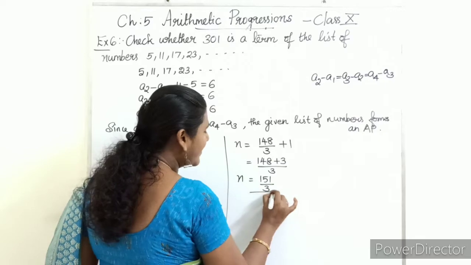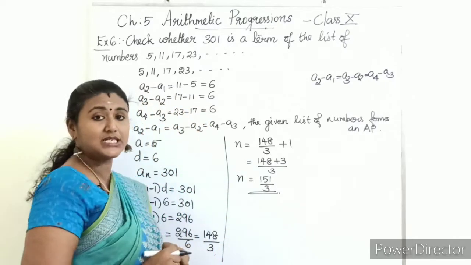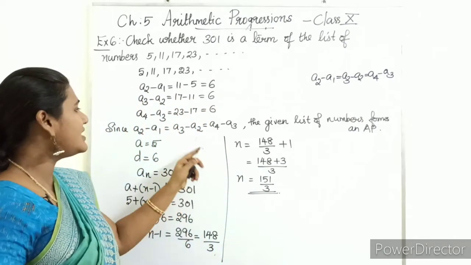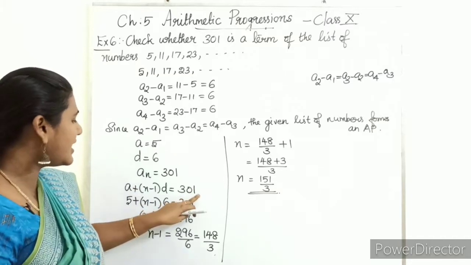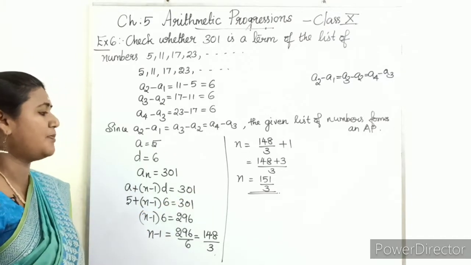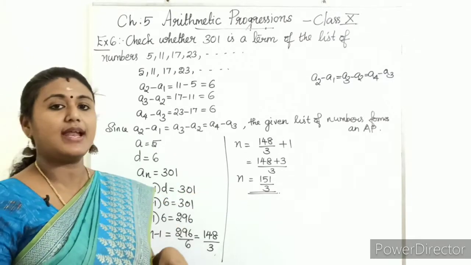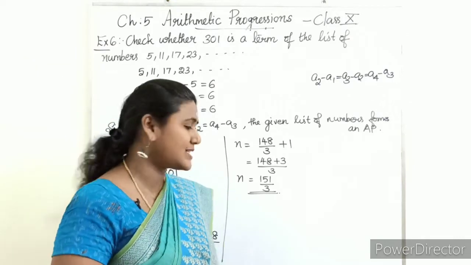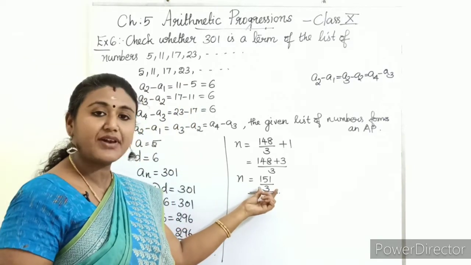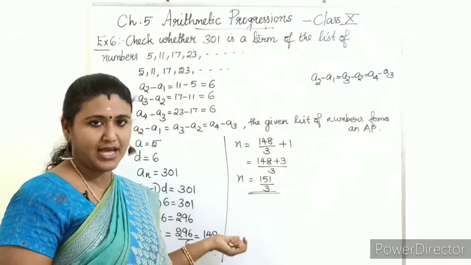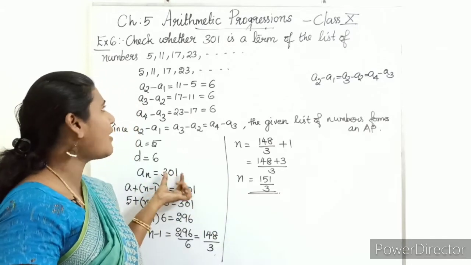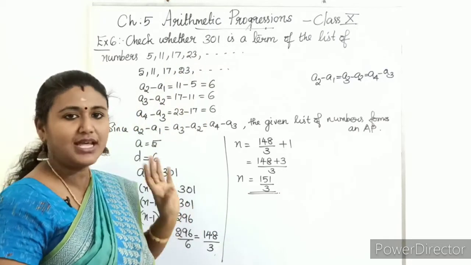So you got the value of n as a fraction. Okay, so if 301 is a term of an AP, you will get the value of n as a positive integer. So here you see we got a fraction as a value of n. That means 301 is not a term of the AP.